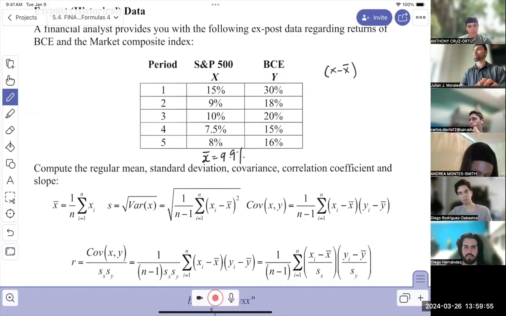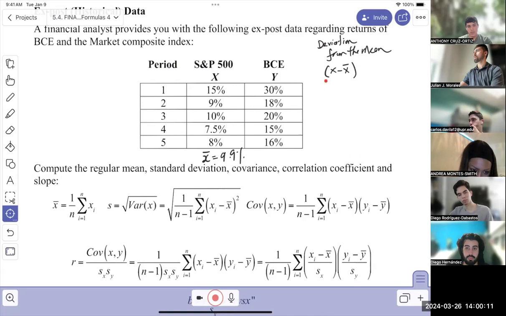The variance. Not just that, that's part of it, but what do we call that? It's a deviation from the mean. If you take each value here and subtract the mean, what do you get?